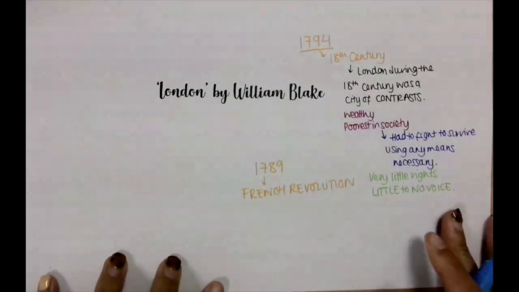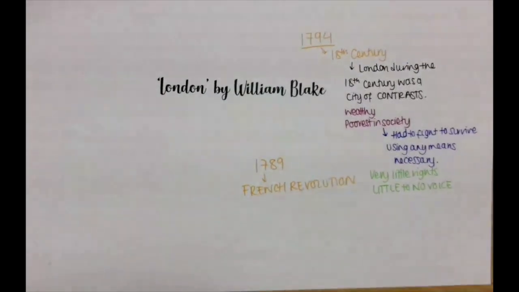If you've watched Les Mis, or you've seen the film, or you've watched the musical, or you know anything about the French Revolution, then you'll be aware that at this time the lower classes rose up against nobility and they seized power. They stormed the walls of the Place de la Bastille, which is where the monarchy lived. They stormed the palace walls and it turned France into a republic. Essentially, the little people overthrew the bigger people and it gave lower class citizens a bit of a voice.